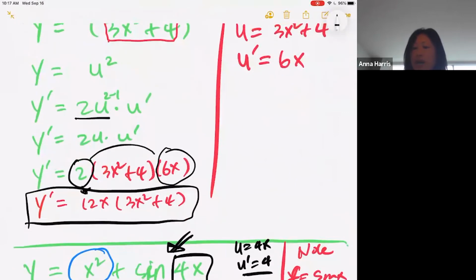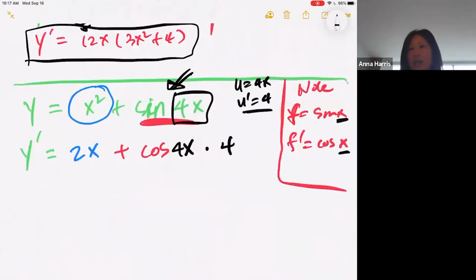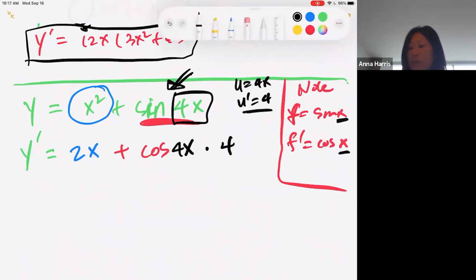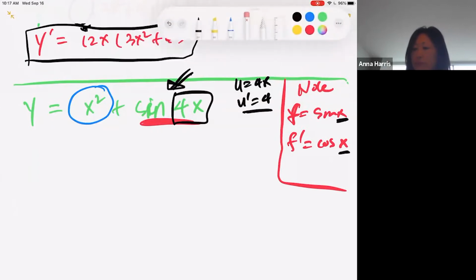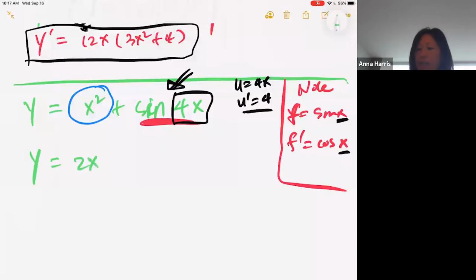I didn't do the u substitution like this, but I want you to just do it mentally. I skipped the u part. If you don't want to skip any step, then you could just do y prime is equal to 2x, that's an easy part, and you can rewrite it as cosine u times u prime.